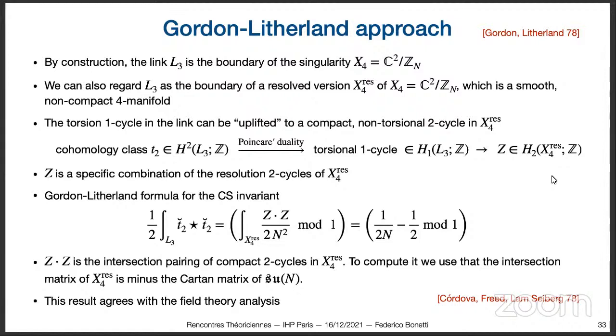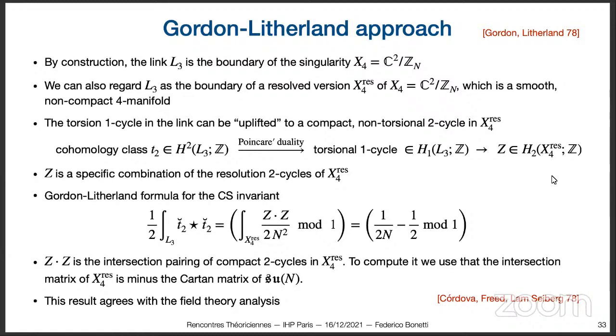One way to tackle it is to say, well, we can remember that the link is actually the boundary of a 4D space, which is the C2 mod gamma singularity that we started from. So let's resolve that singularity. We know we can do that, preserving supersymmetry. And then we have a smooth manifold.